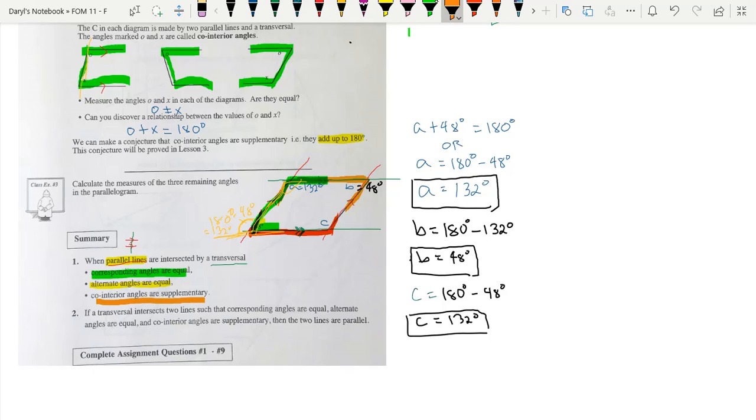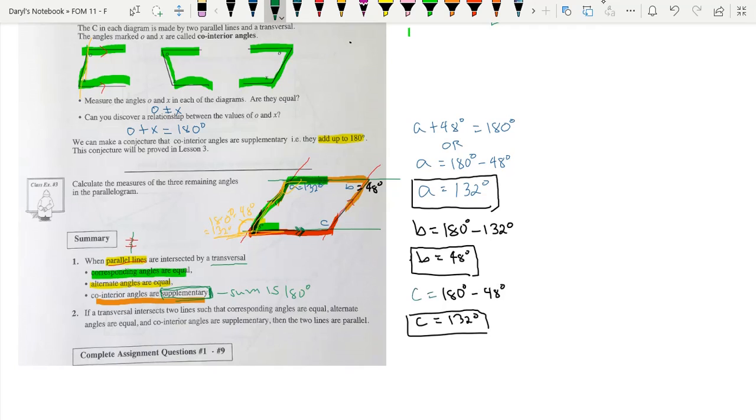So when you say supplementary, the sum is 180 degrees. Supplementary angles are just angles that give you a sum of 180 degrees. So co-interior angles are not necessarily equal, but they have a particular pattern, and that is the sum is 180 degrees.